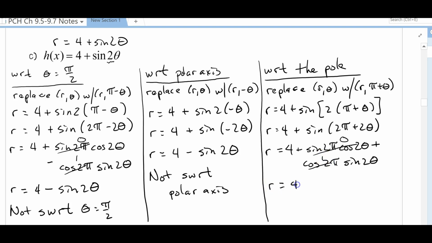And we get r is equal to 4 plus sine 2 theta. All right, so here we have an equivalent form, which tells us that the function is symmetric with respect to the pole.